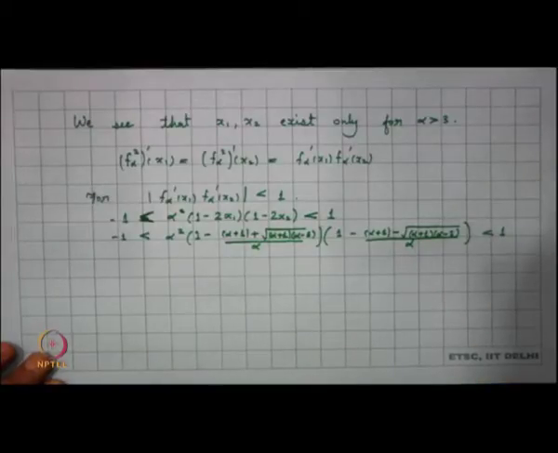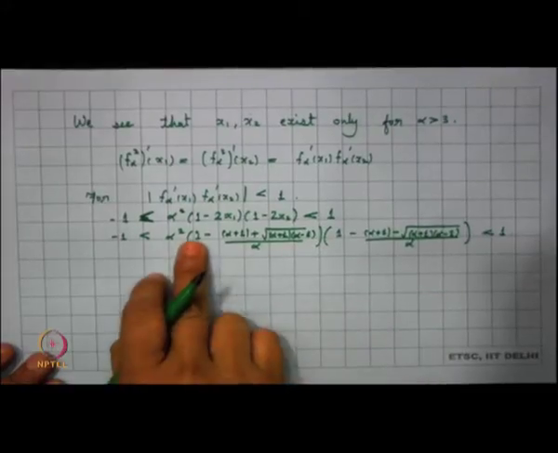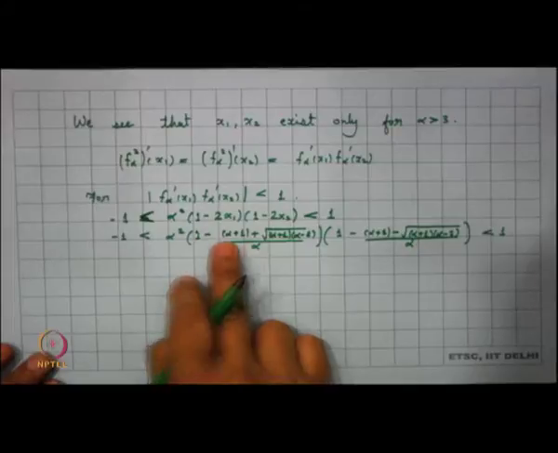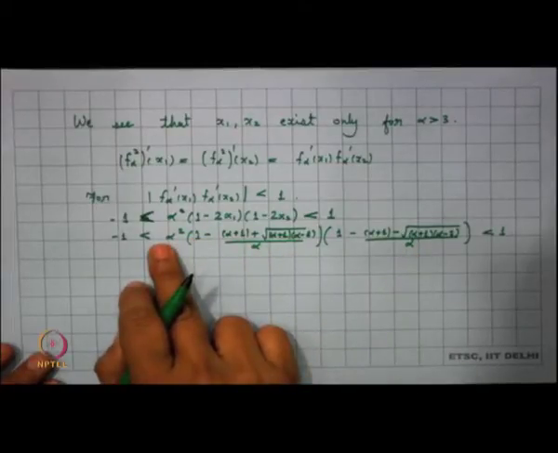Now, if I try to simplify this once again, I have an alpha coming out here, and an alpha coming out here, so this alpha square gets cancelled.